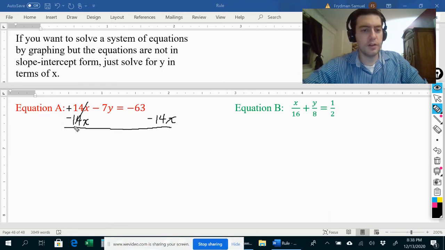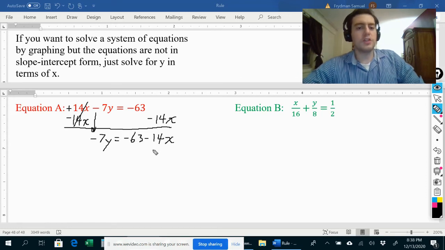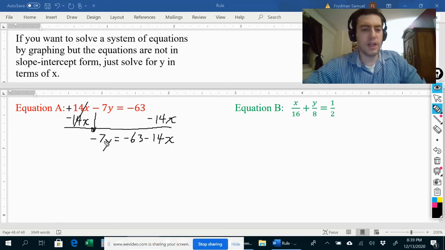And so over here, these will cancel out and I'm left with negative 7y. Don't forget to copy this minus symbol over here, which is now a negative. And so equals, and then just copy this negative 63 minus 14x. And so I'm almost done. Now I just want to get rid of this negative 7, which is in front of the y.